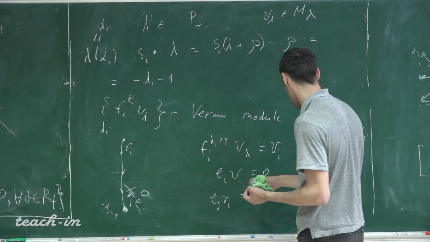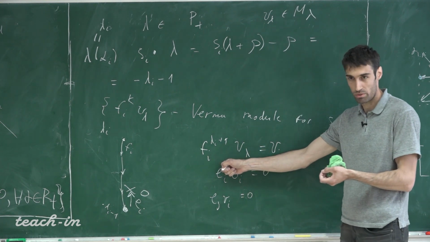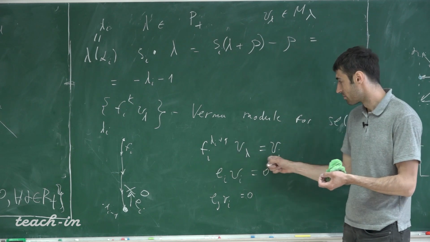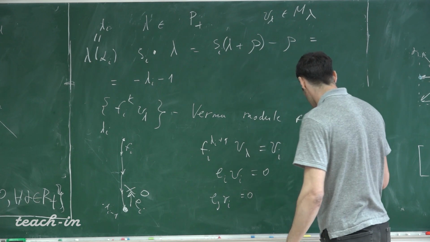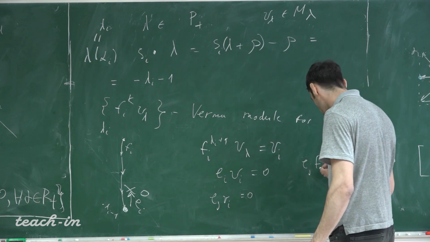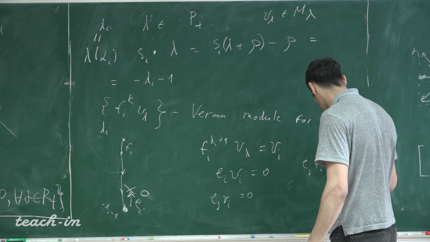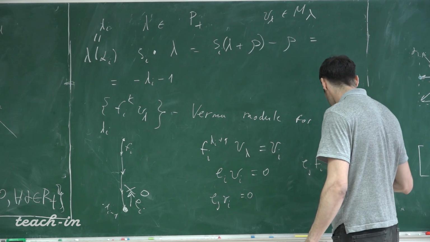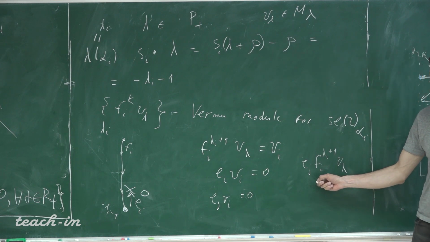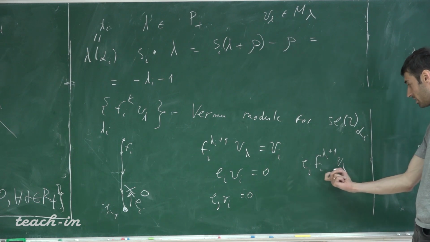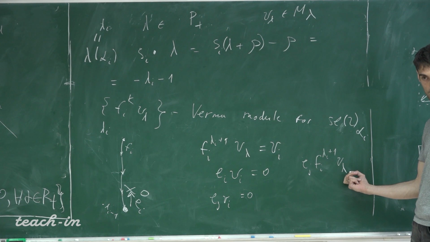So v_i, this is the definition of v_i, I take e_j and apply it to f_i to the power lambda_i plus 1 applied to v lambda. e_j commutes with f_i, and v lambda is a singular vector, so I get 0.